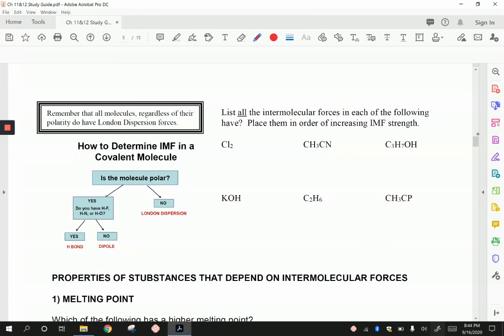If no, then it has dipole interactions plus London dispersion, of course. If the answer is yes, then it has H bonding plus London dispersion plus dipole as well. It's just that these are weaker than the H bond, so H bond is the strongest type. Same thing here, dipole is much stronger than LD, and so that's the strongest type.